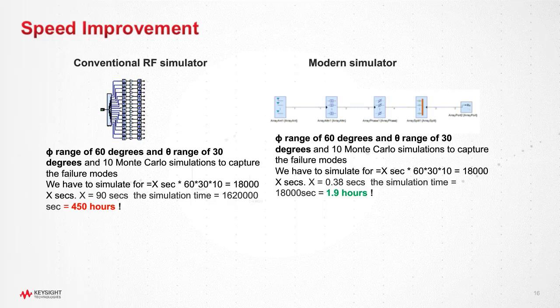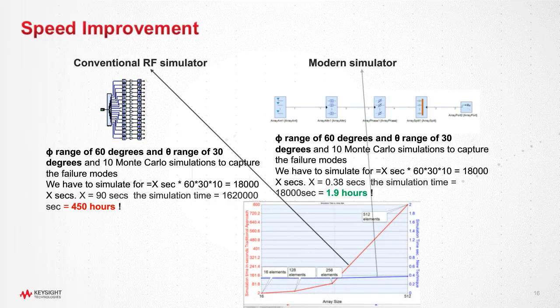So this is a marked improvement, and this immediately gives a very important tool in our hands to explore the design space very quickly, by setting up very easily, and also with accuracy, which we will talk about in the next several slides.